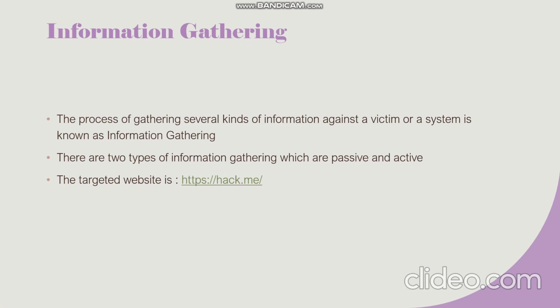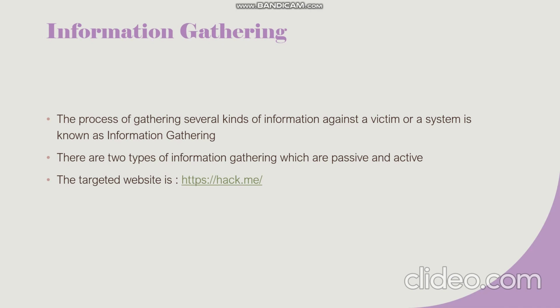Basically, information gathering is this: if we have a particular victim or a system, we have to find out the details which we can use in various situations, like getting unauthorized access or carrying out a particular attack.